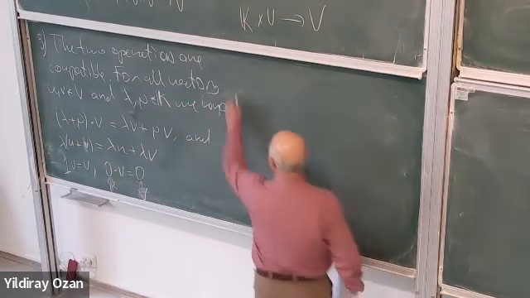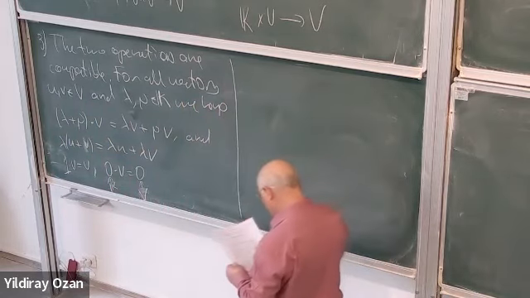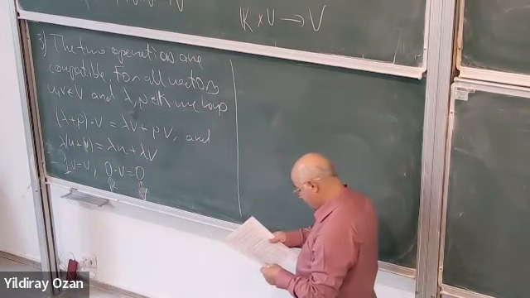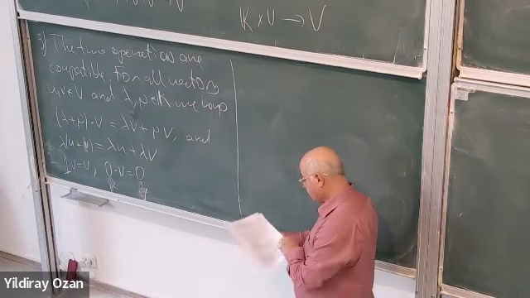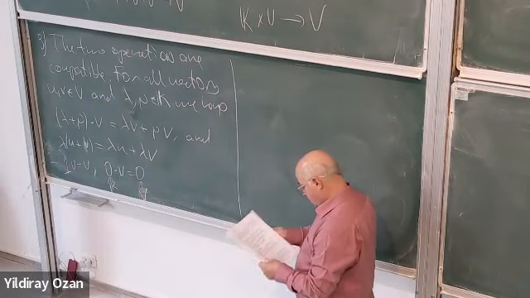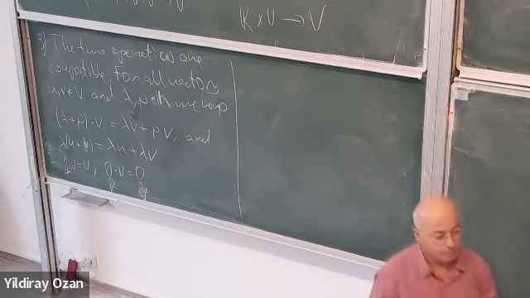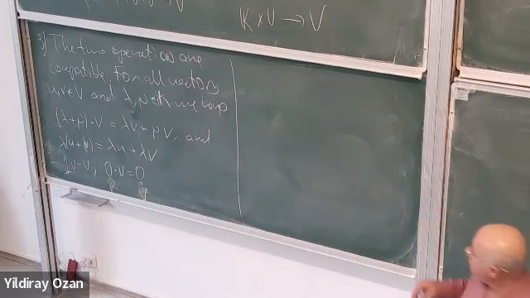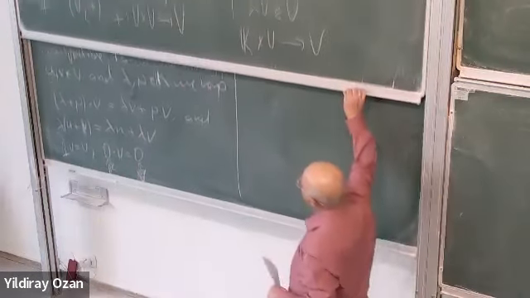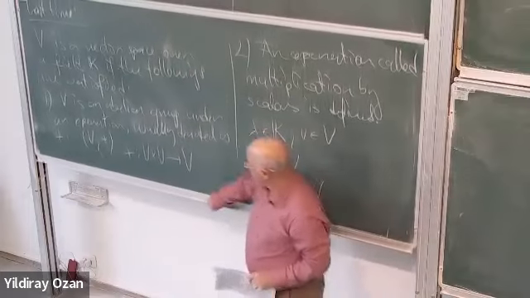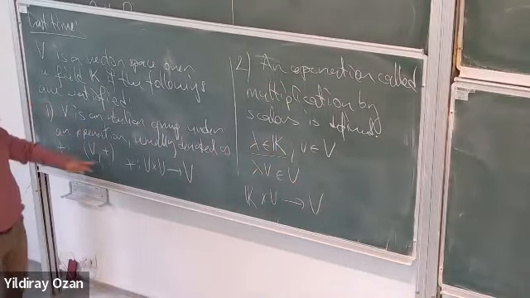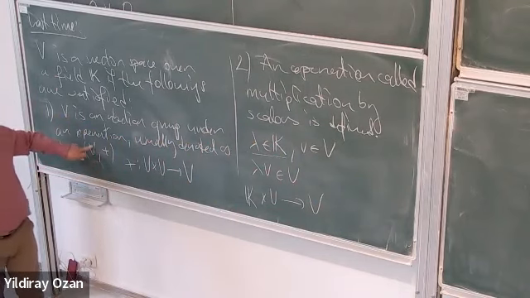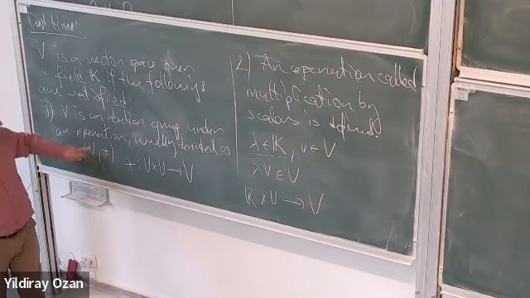All right. Now, I guess this was the place I stopped last time. Can I explain one more time the first operation? So this means V is an abelian group with respect to this operation.